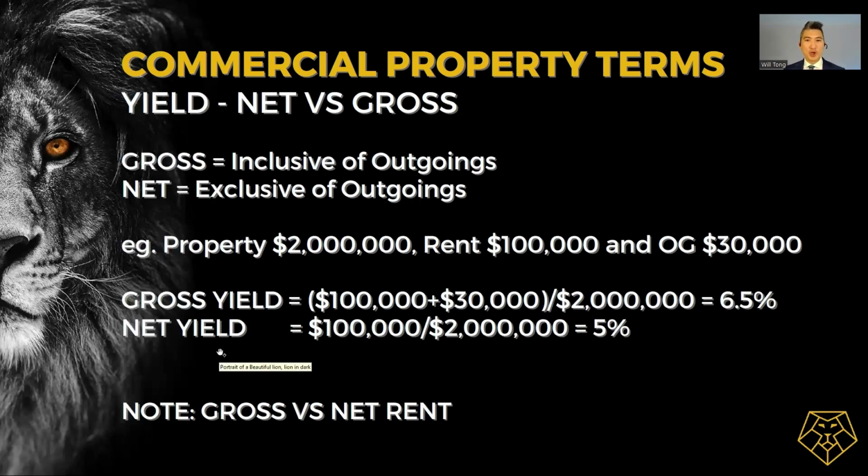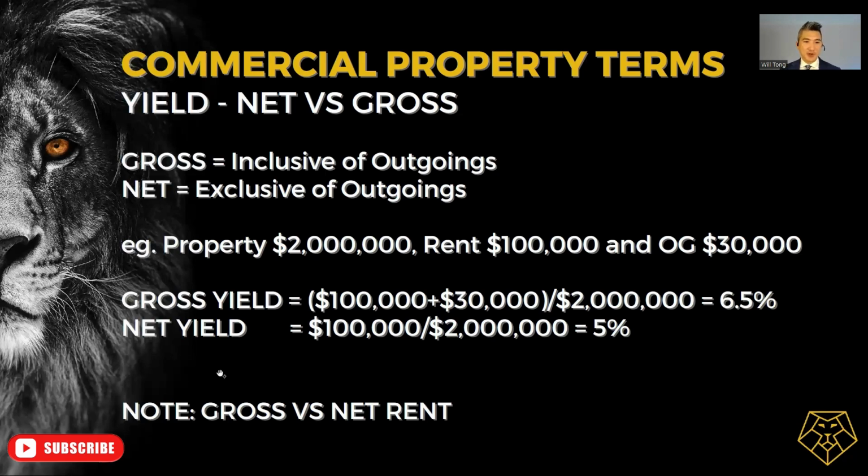Whereas net yield only takes into consideration the rent. So it's rent, which is $100,000 divided by the value of the property, $2 million, equals 5% net yield. So it's very important to know the difference between the gross and net yield, so that when you're doing your calculation, you're doing feasibility, you're putting the right figure.